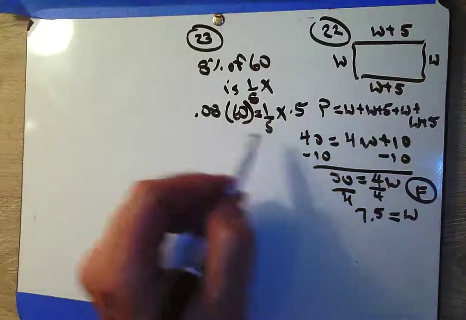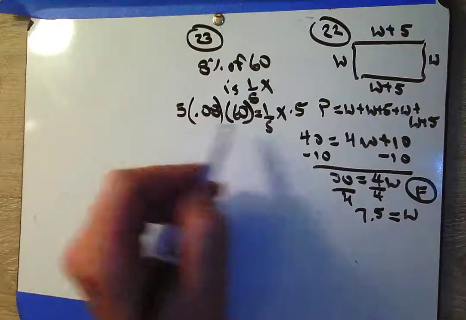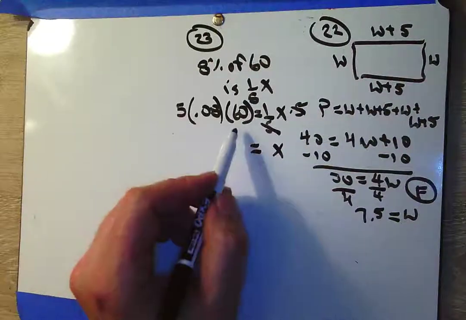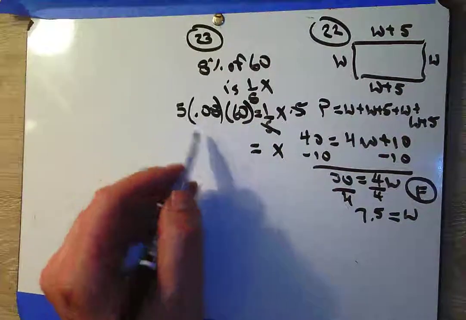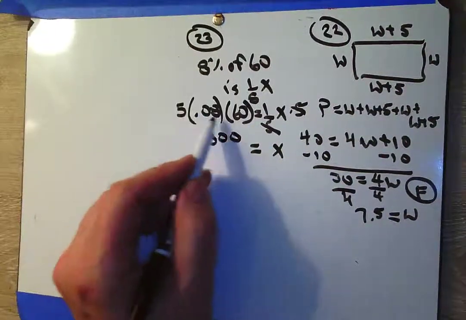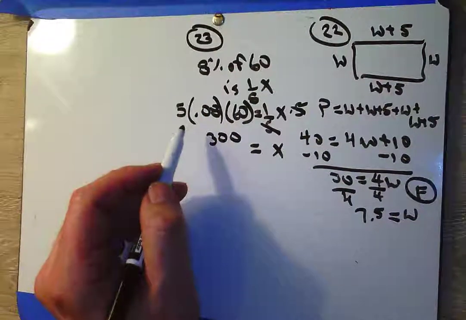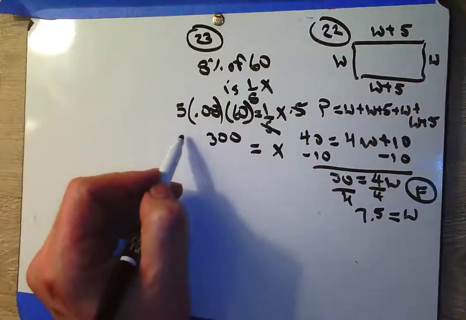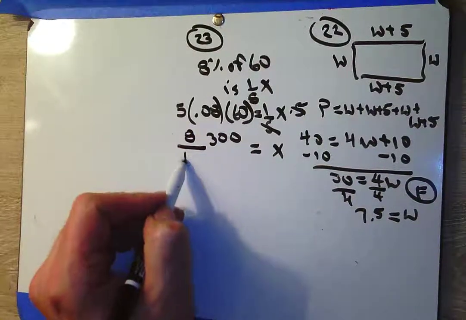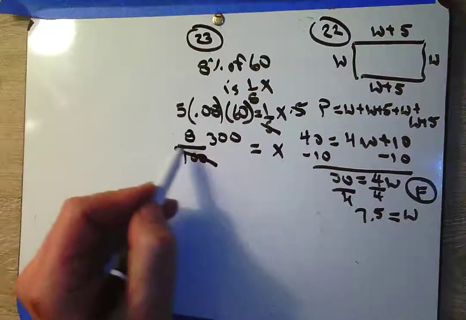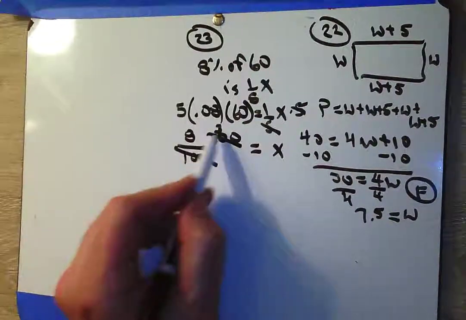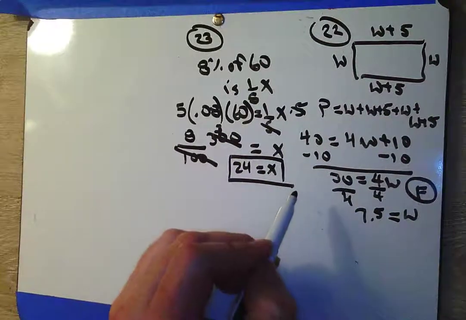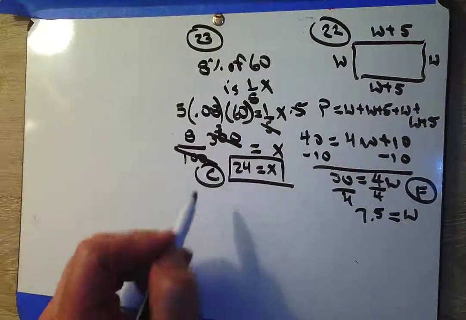So I'm going to multiply both sides by 5, and that'll clear this out, and I'll have x equals 300 times 0.08, 8%. Now, you'll probably pick out a calculator at this point. I'm too lazy. I'm going to write 8% as 8 over 100 and do some canceling. 3 times 8 is 24. And that's choice C for number 23.